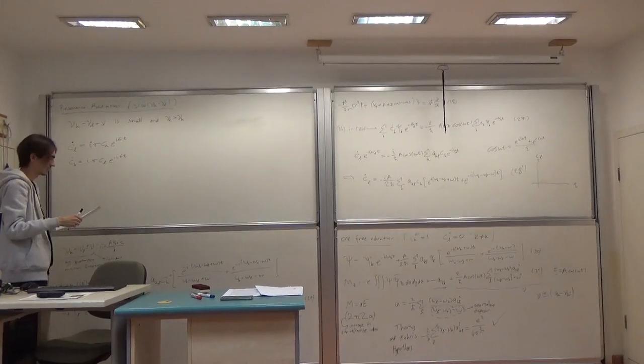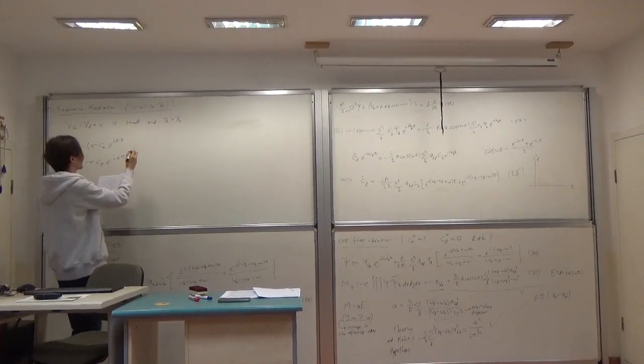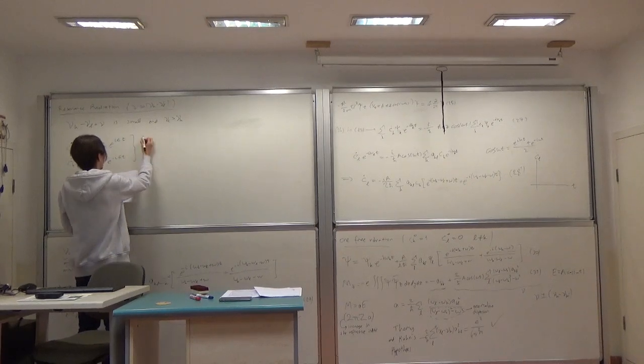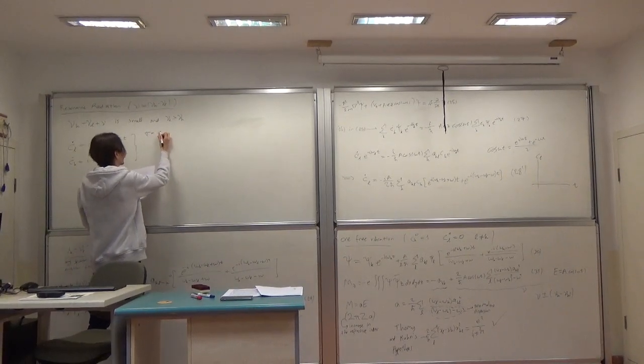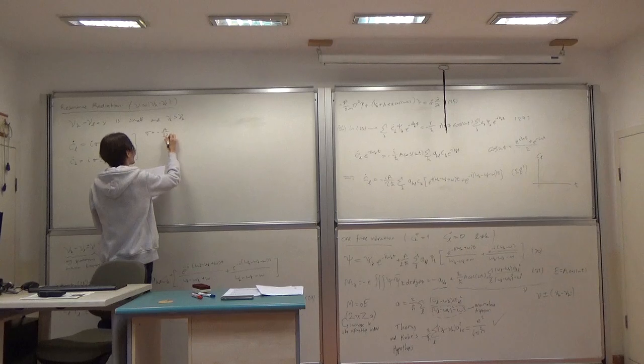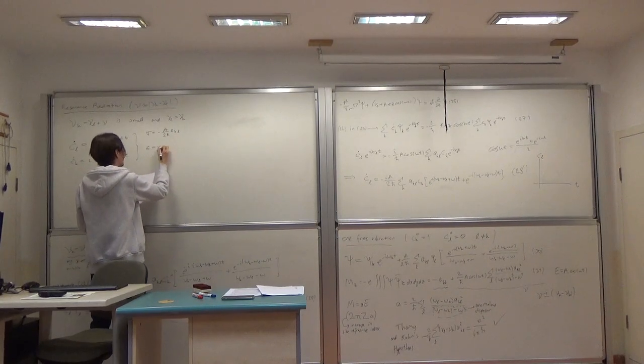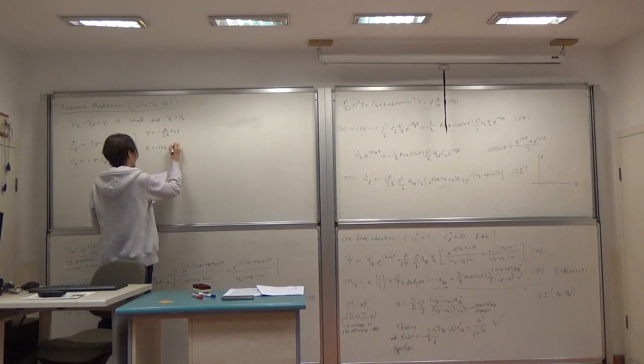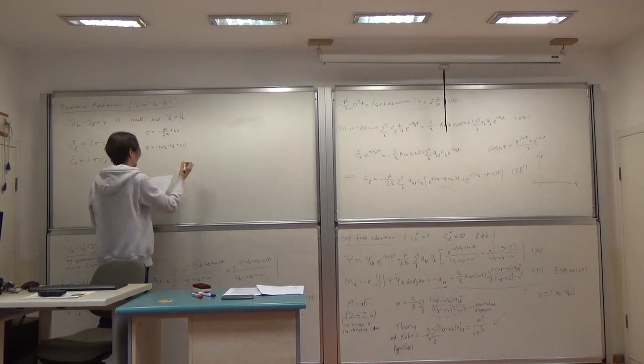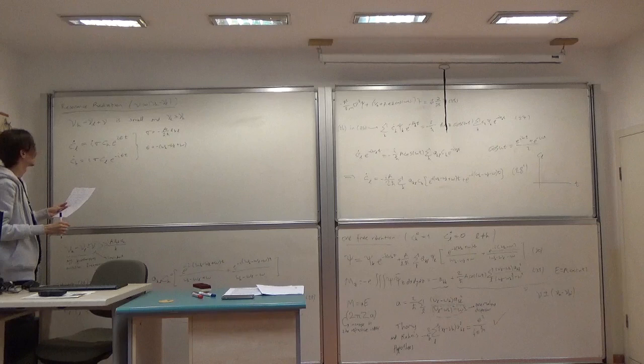So, in here we will have substitutions. Sigma is A over 2h bar, A KL, and epsilon is minus omega k minus omega L minus omega.